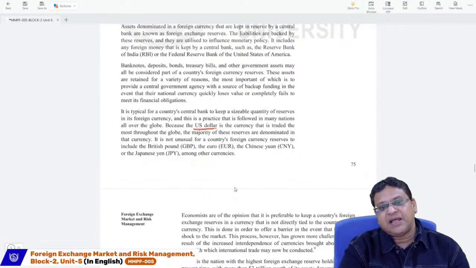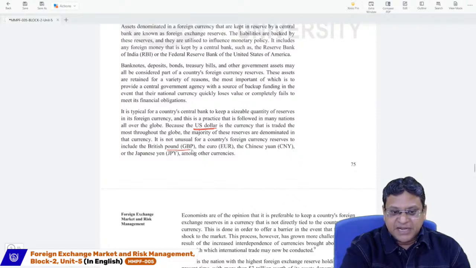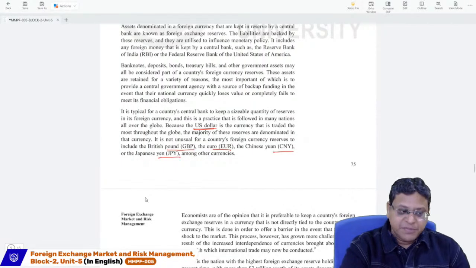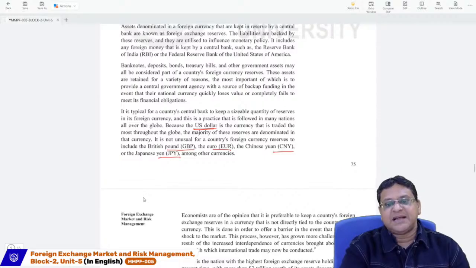Apart from US dollar, countries also keep reserves of Great Britain pound, Euro, the currency of Eurozone, Chinese yuan or Chinese renminbi, and Japanese yen. These are 5 important reserve assets: US dollar, Great Britain pound, Euro, Chinese yuan, and Japanese yen.